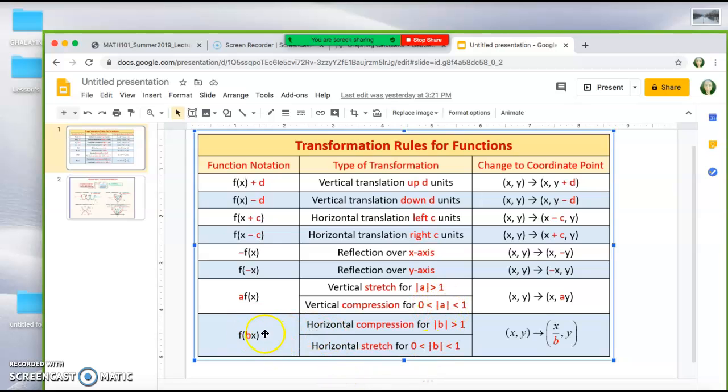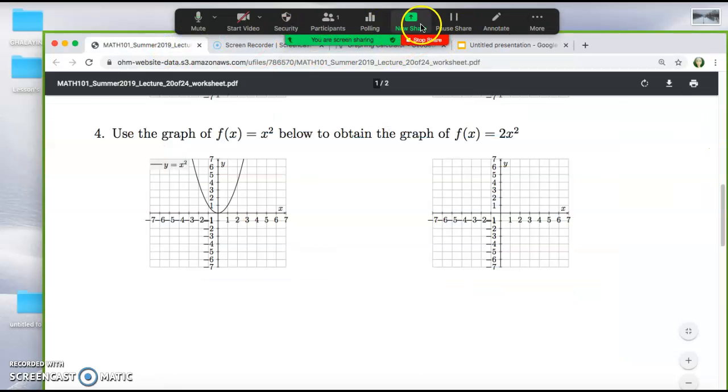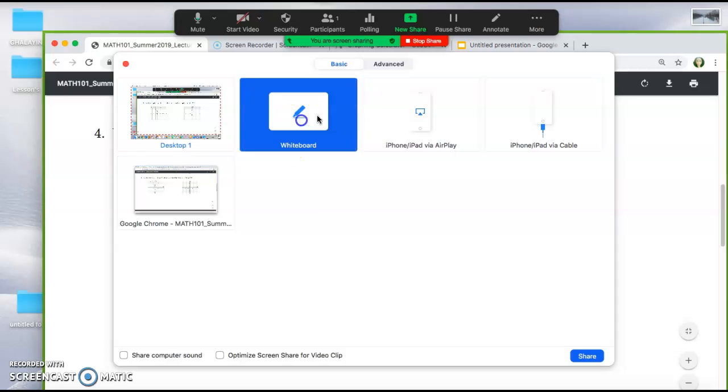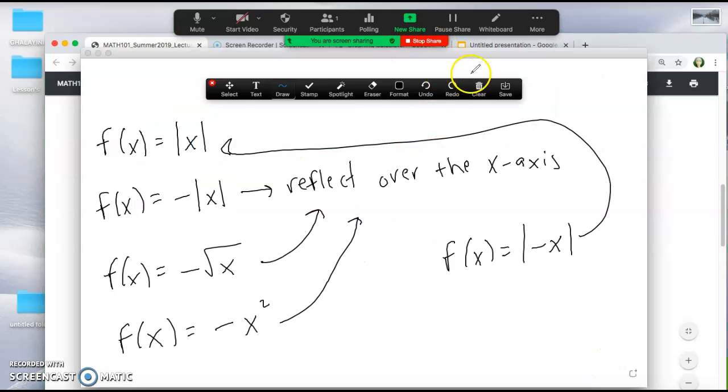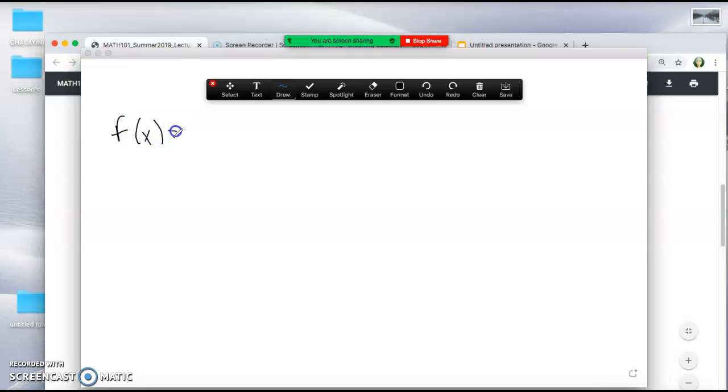Now, if we're multiplying by a coefficient b on the inside of the function, we're going to have a horizontal compression if the absolute value of b is greater than 1, or a horizontal stretch if the absolute value of b is between 0 and 1. So let's take a look at this example. We have f of x equals x squared, which is a parabola.